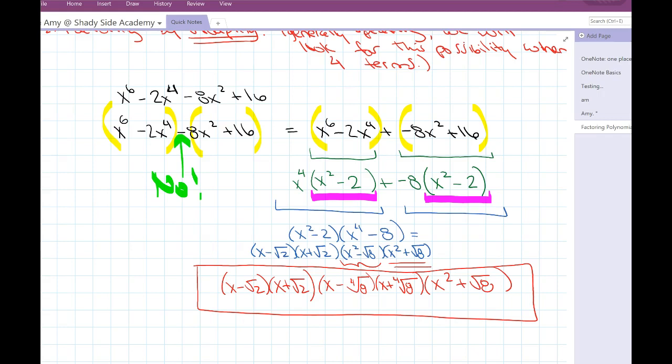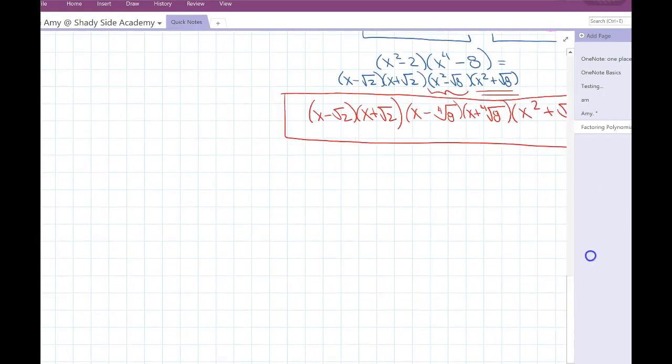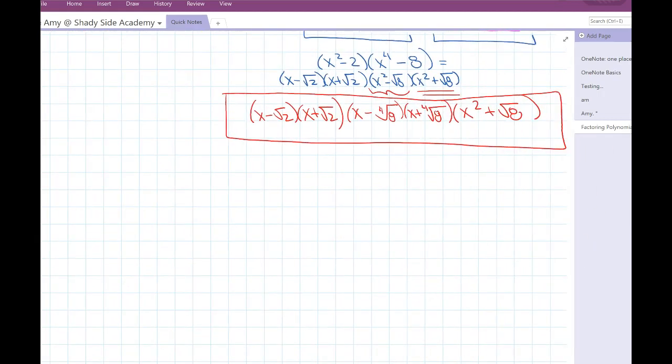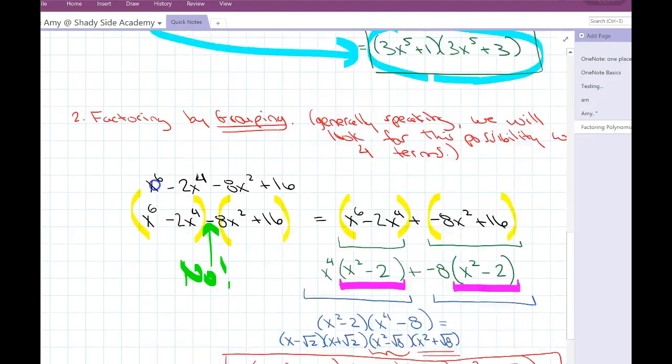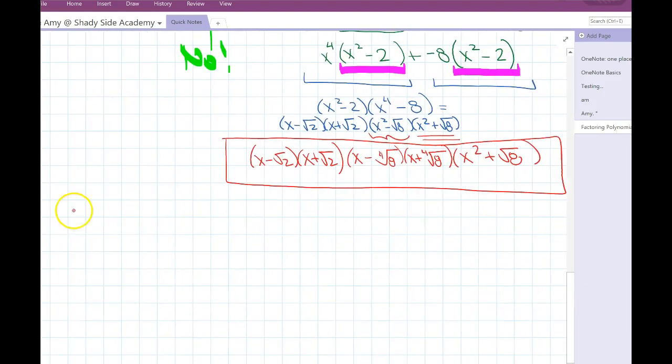Okay, two other patterns I want to show you. So we know the difference of squares pattern, right? We know sum of squares cannot be factored further, all right? There are two other patterns. Number 3 is called the sum of cubes factoring pattern.